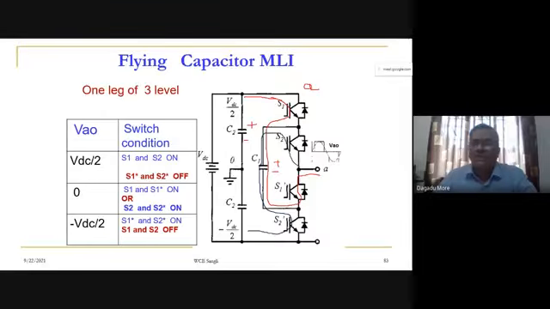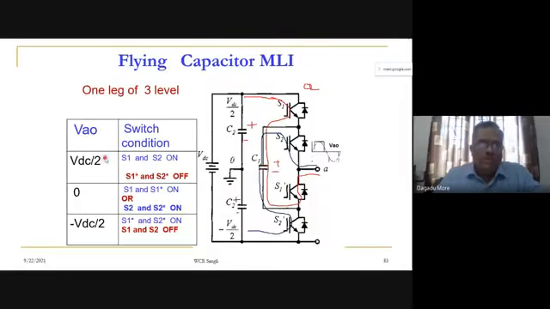With respect to the lower capacitor, the voltage polarity is plus at this end and minus at the other, and again this lower C2 and C1 come in series opposition, so the resultant voltage is 0. So particularly for the 0 level, we can obtain it by adding the two capacitor voltages which are connected in series opposition.